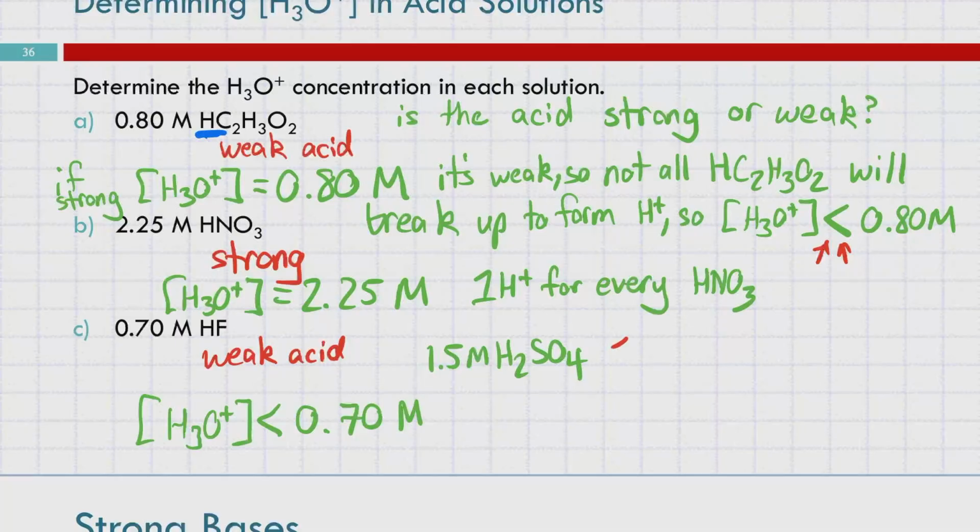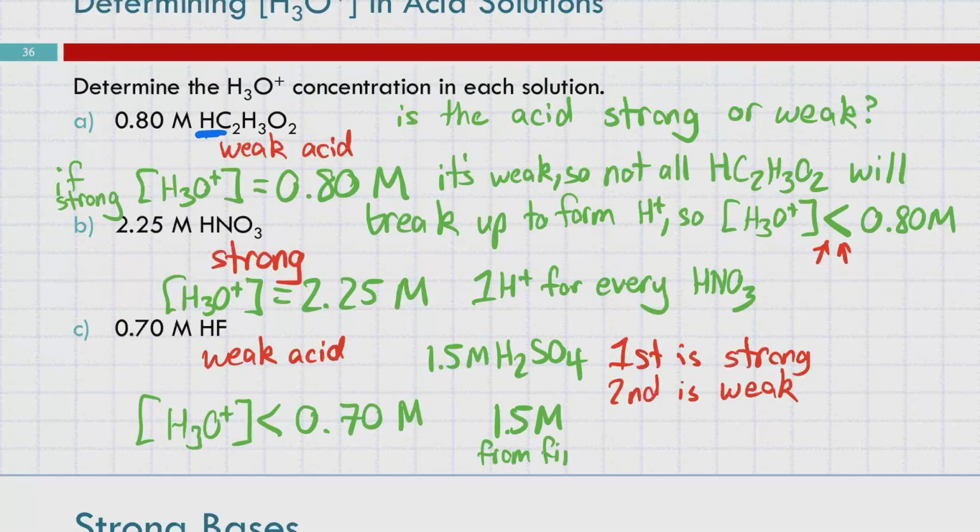So for H2SO4, the first is strong, and the second is also strong or weak? It's weak. So when that first one pops off, what is our concentration at that point? The second one's weak.